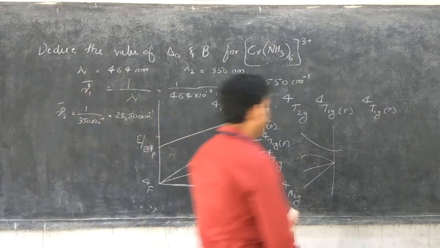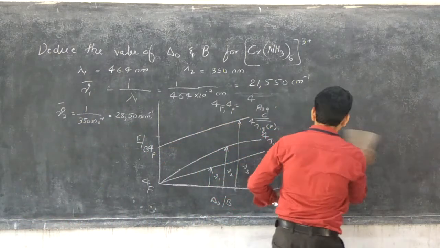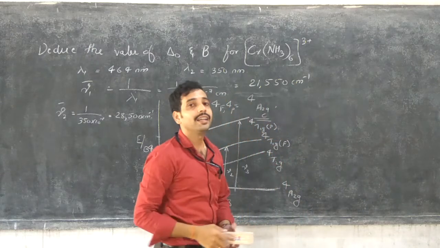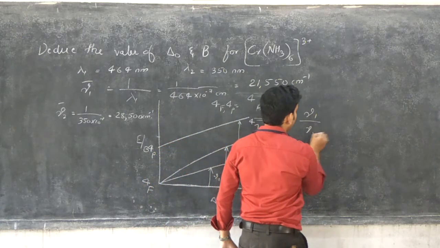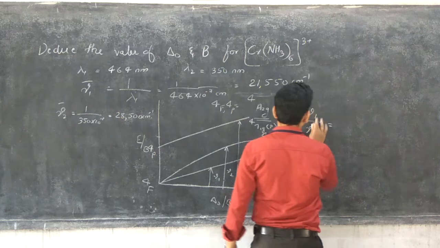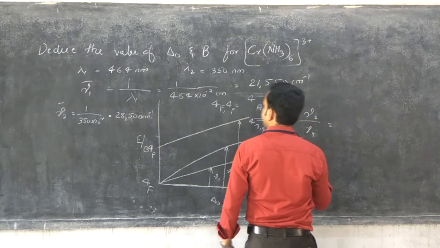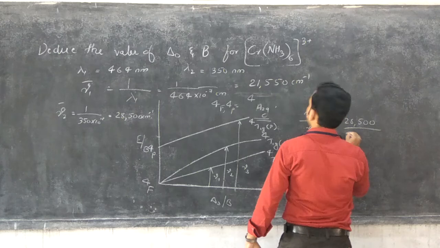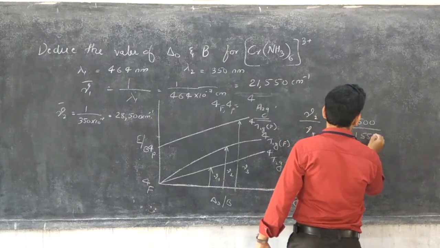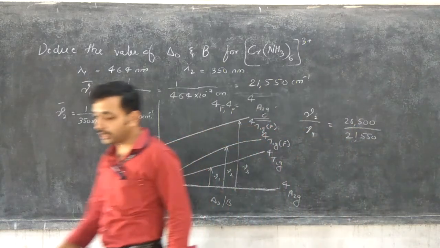Based on nu 1 and nu 2, we can express the values as nu 2 by nu 1, which is 28,500 divided by 21,550, and the per centimeter units cancel.